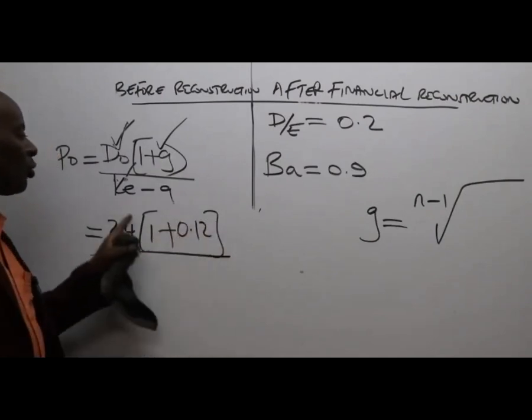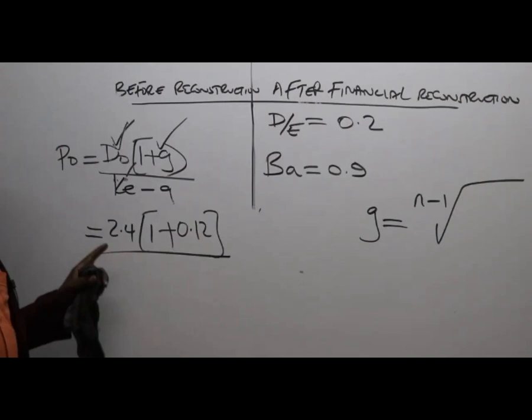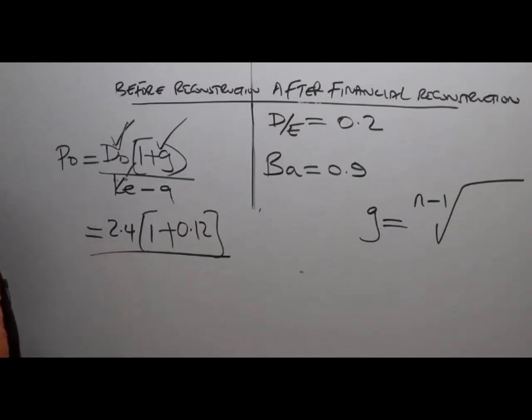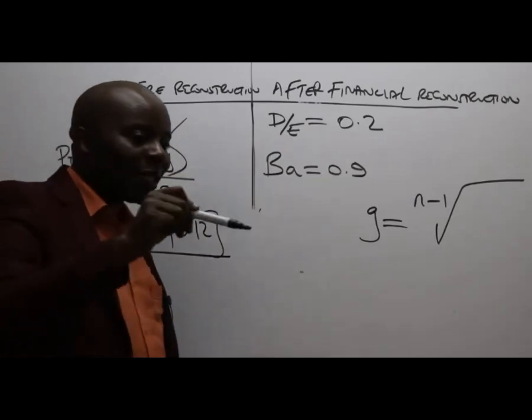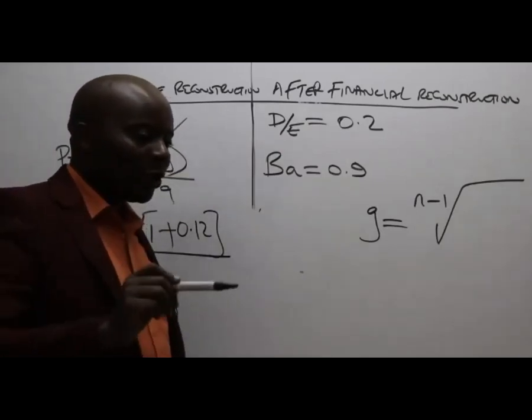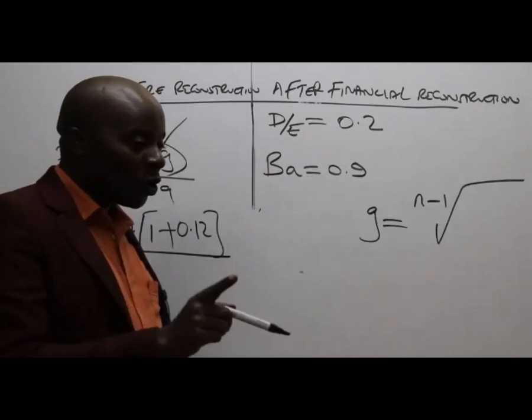All over cost of equity. Is there somebody who can remind us what the cost of equity was? Cost of equity must always be given as point something. Never put it in the form of a percentage, you'll go wrong.